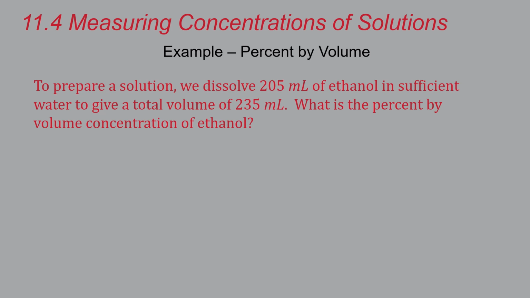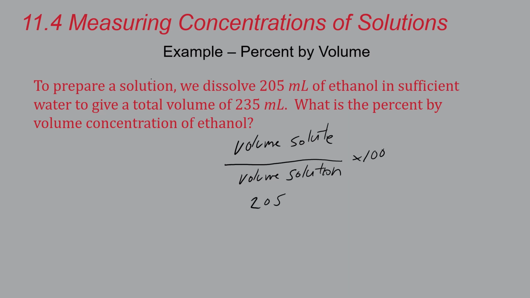Well, this one again, pretty straightforward application. It's just going to be the volume of the solute. And remember, this definition was a little bit different, and this was just the volume of the solution as well, times 100.